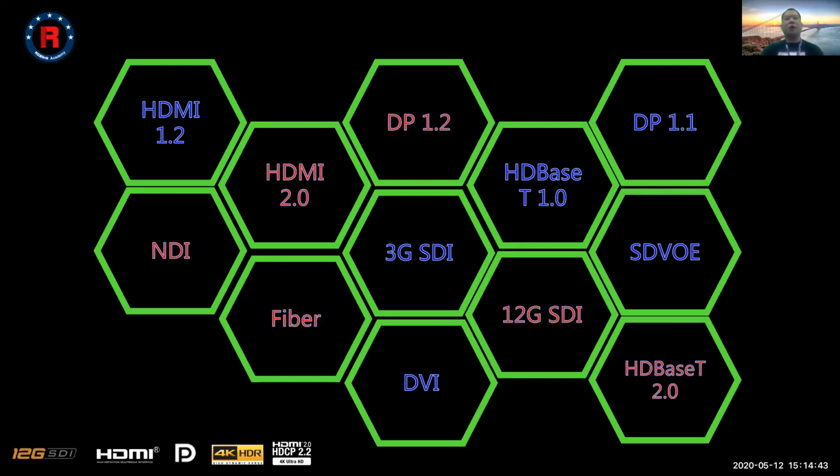And if you put in interfaces like VGA, Composite, USB 2.0, USB 3.0, for example, then quite a lot of interfaces will fully occupy your display. The higher the resolution we go, the more interfaces we need to be compatible with. And this kind of interface compatibility brings us a lot of challenge.